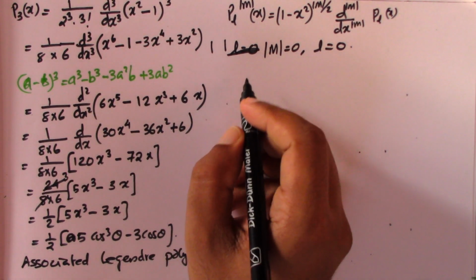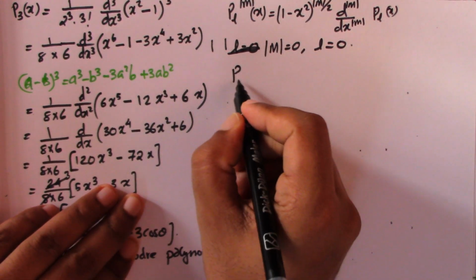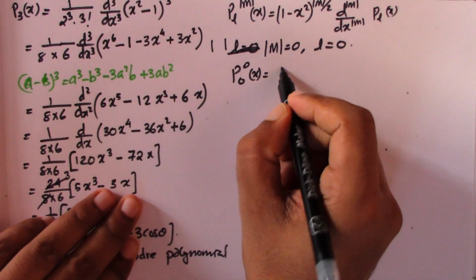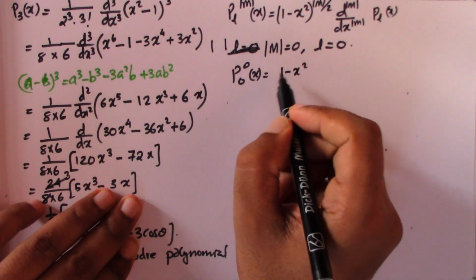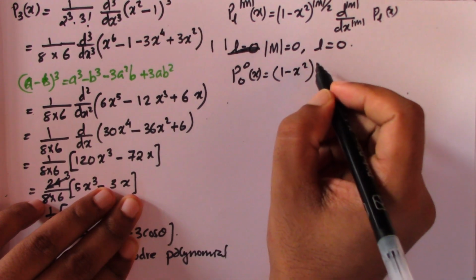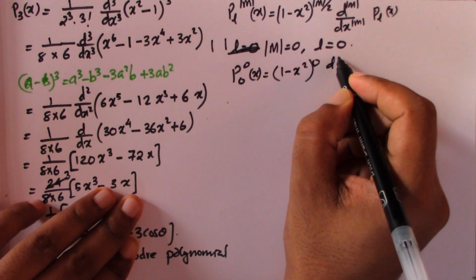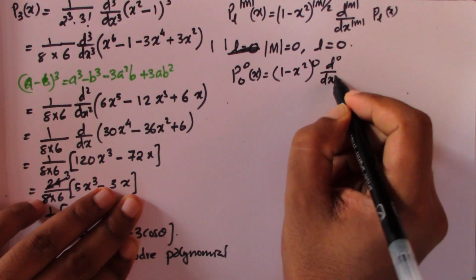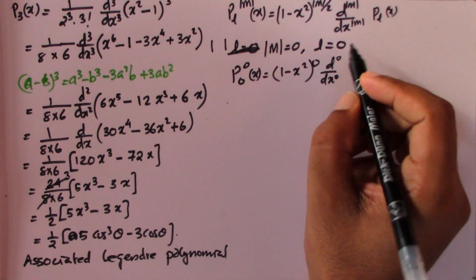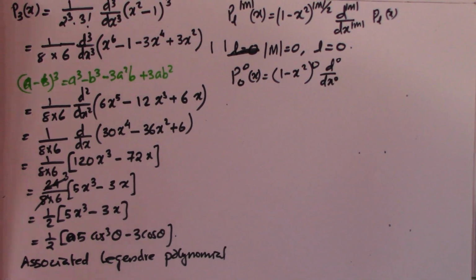So in this case, P_L^M(x) is P with L equal to 0. So P_0^0(x) is equal to (1 minus x square) raised to m by 2, m by 2 is 0 because m is equal to 0, into d raised to m by dx raised to m, that is d raised to 0 by dx raised to 0 of P_L(x). Okay, P_L(x) in this case is P_0(x), and we have already defined P_0(x).